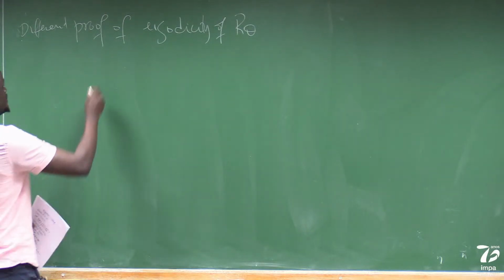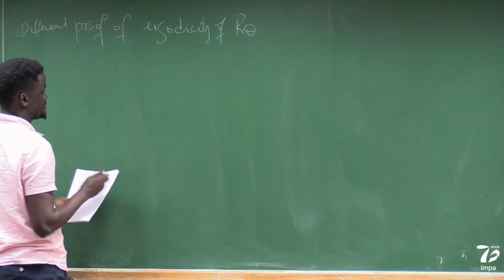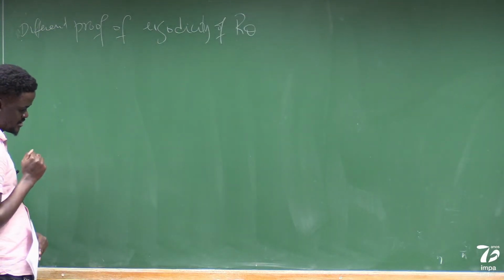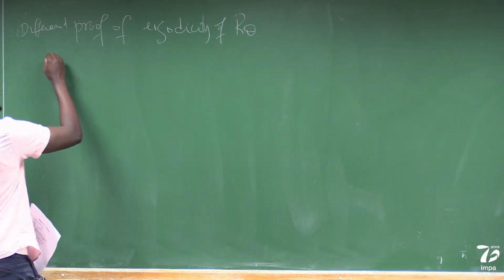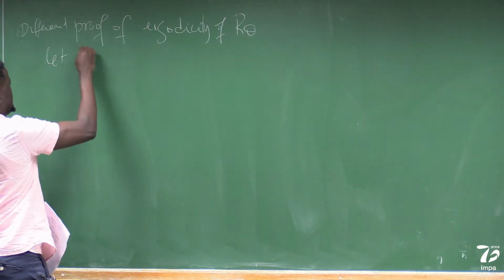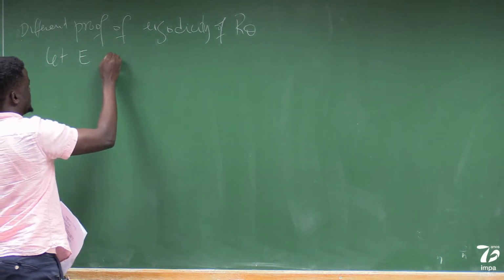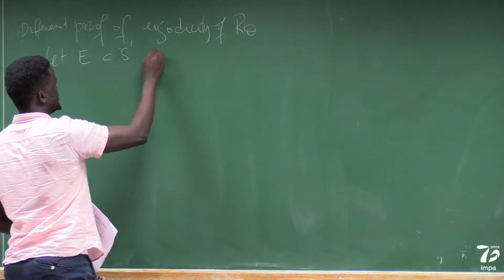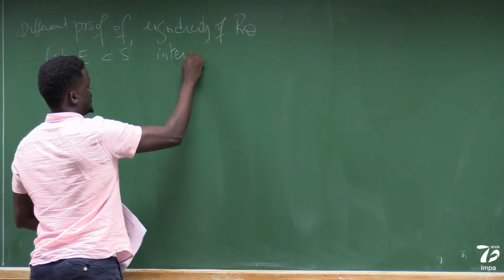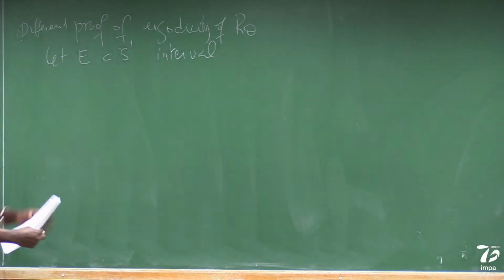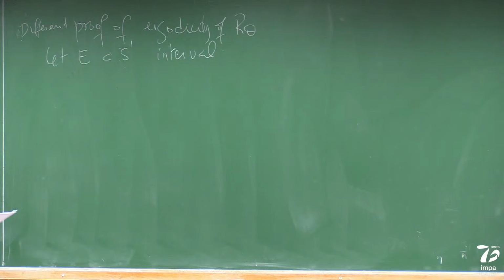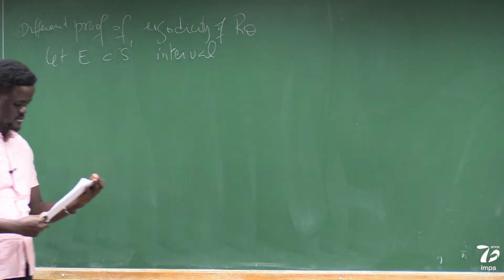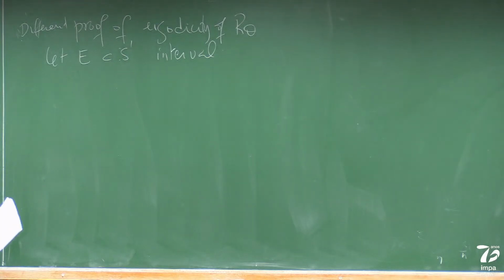So to prove this, R theta is ergodic. So you pick a set, let E be an interval in S1, okay? If you do it for intervals, then you can get it for every measurable set by using the fact that it generates the sigma algebra, okay?